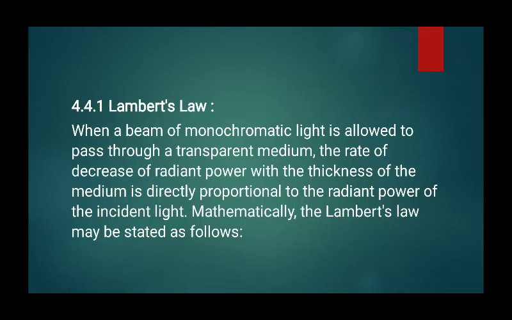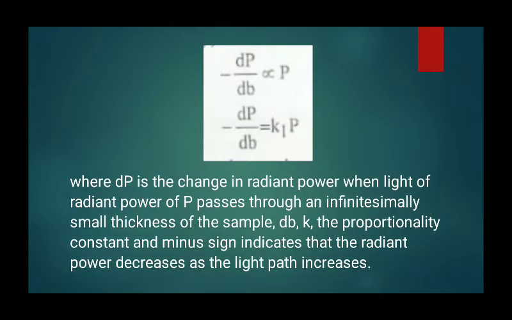Mathematically, Lambert's law may be stated as minus dP upon dB is directly proportional to P. Introducing a proportionality constant, it becomes minus dP upon dB is equal to K1P, where dP is the change in radiant power when light of radiant power P passes through an infinitesimally small thickness of the sample dB, K1 is called the proportionality constant, and the minus sign indicates that radiant power decreases as the light path increases.